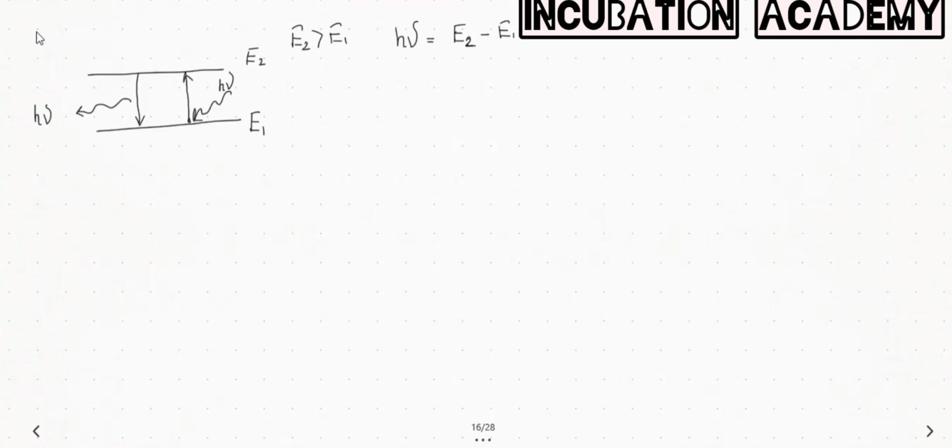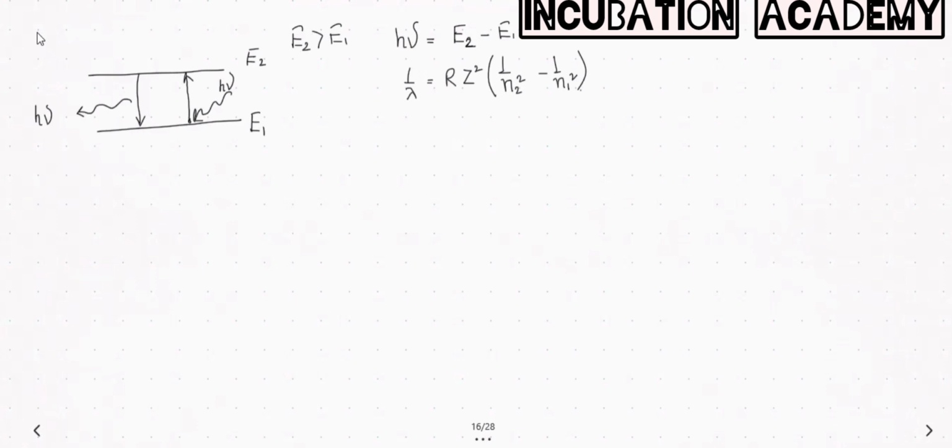Now, putting nu equal to c by lambda and the energy of the electron in the orbit, we get the relation 1 by lambda equals the Rydberg constant multiplied by Z square, times 1 by n2 square minus 1 by n1 square. This is the formula.